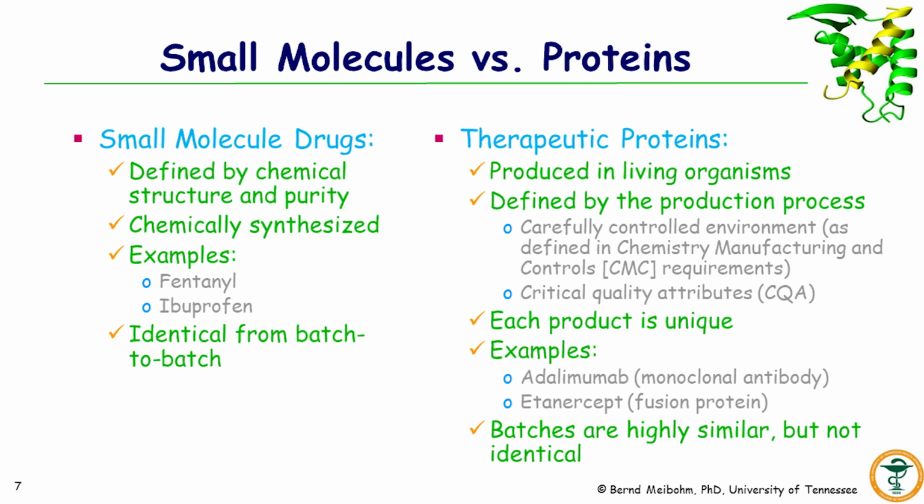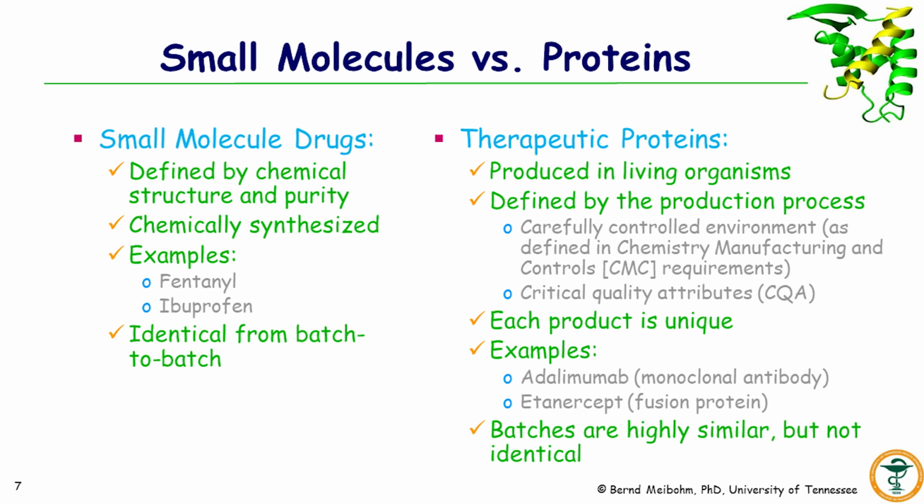When we compare traditional small molecule drugs with proteins, small molecule drugs are defined by chemical structure and purity. We know exactly what kind of chemical structure they have and in what purity they are available to, for example, be used as an API in producing a therapeutic medication.